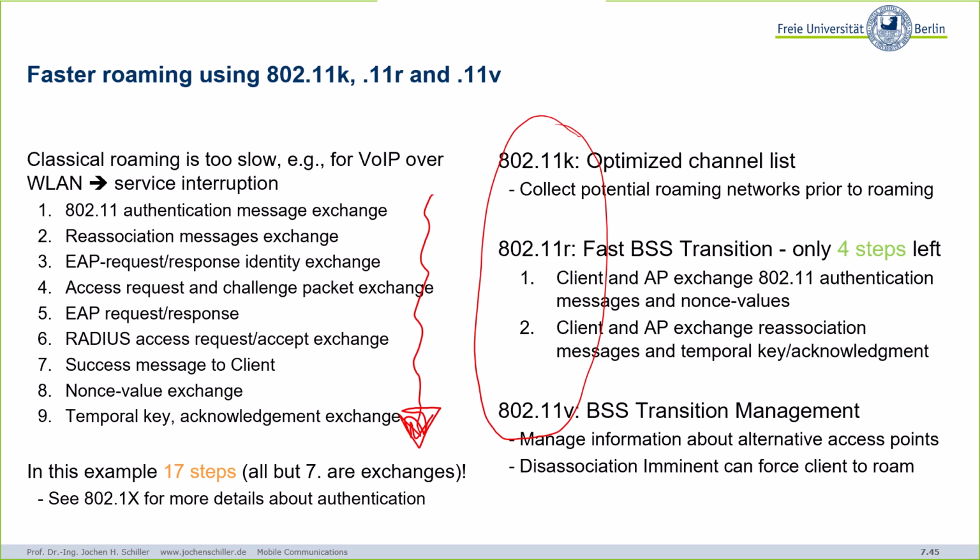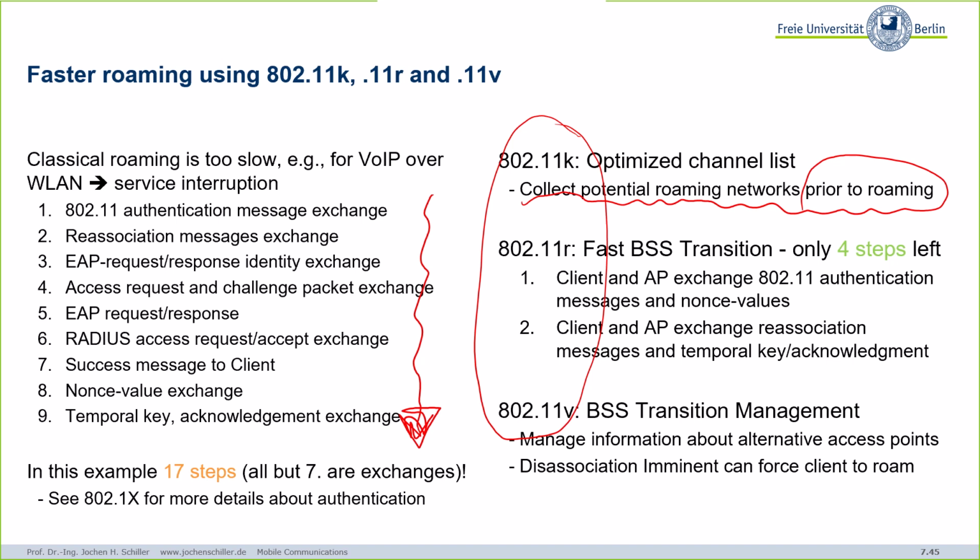So basically, what do you do? You collect roaming networks prior to roaming. So while your mobile phone, tablet, whatever, moves through the city, it collects potential roaming networks. So it collects permanently a list of channels, a list of SSIDs. So the mobile phone or tablet scans all the channels all the time. So you scan if you receive some more SSIDs. So that's one of the points.